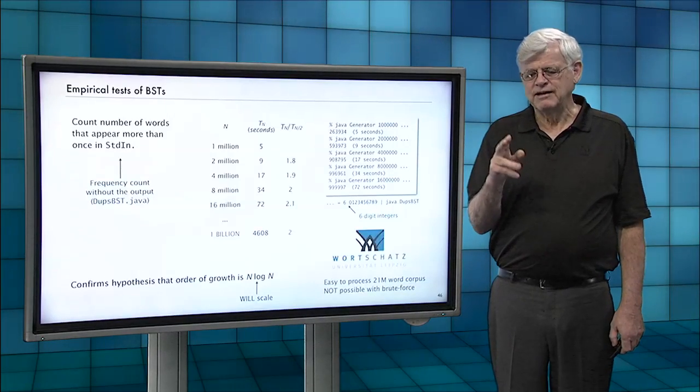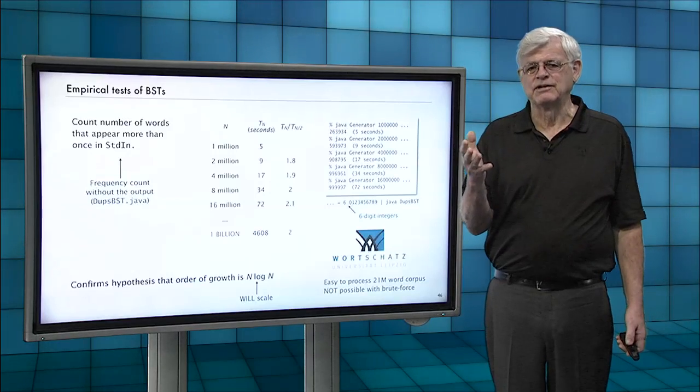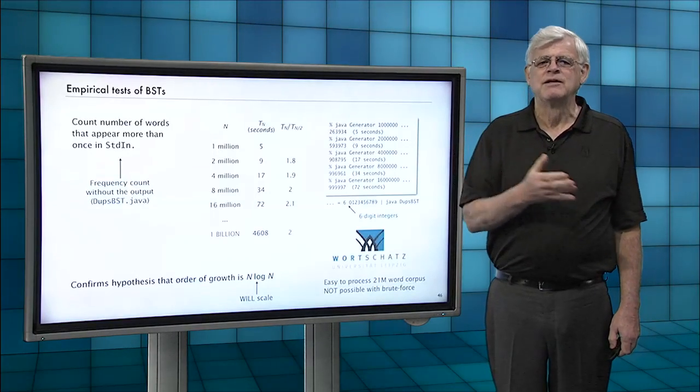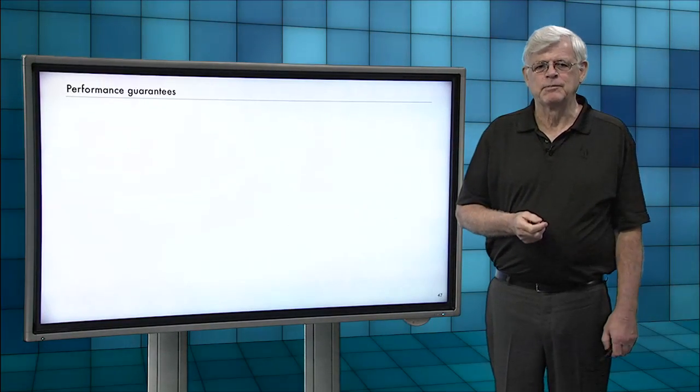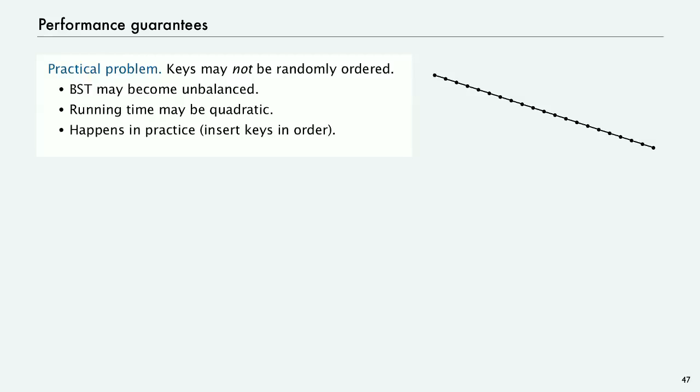So it's definitely a contribution of algorithmic technology to give us the efficient performance that we have for so many symbol table implementations. Now, in practice, it could be that the keys are not randomly ordered and the running time would be quadratic. And in fact, this happens in practice. People try to work with keys that are already in sorted order, for example.